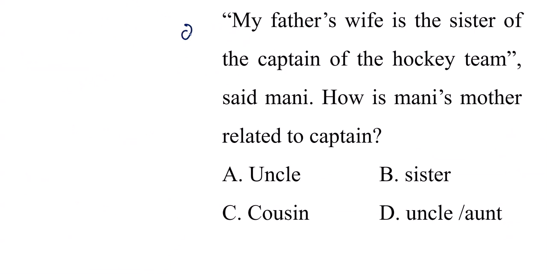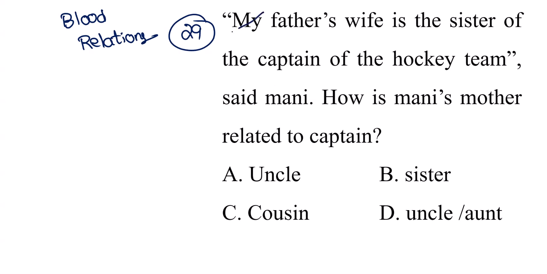Now this is a blood relation sample question. They're giving like A plus B, that model as well. Blood relations, you look into this. "My father's wife..." Who said this statement?